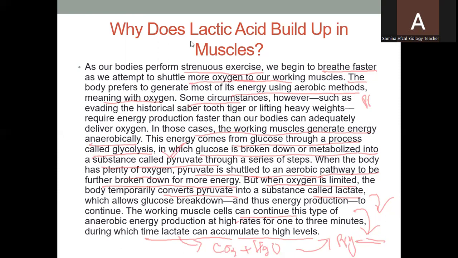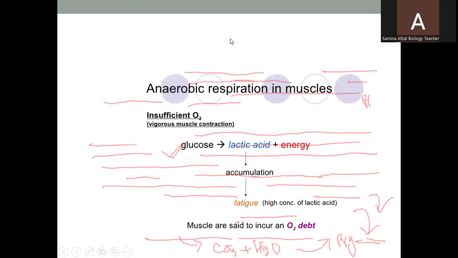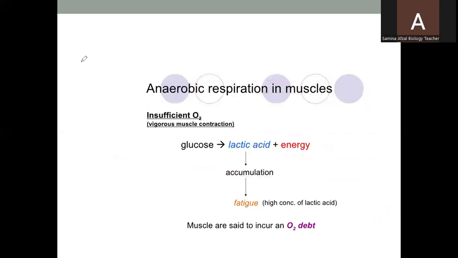So we will move to the next slide. Here you can see a summary of anaerobic respiration in muscles. When we are respiring fast, in case we are doing an exercise, at that time insufficient oxygen is available, or there is a deficiency of oxygen.